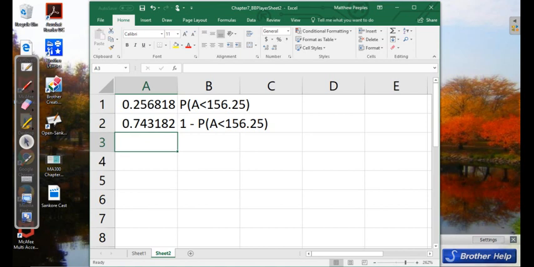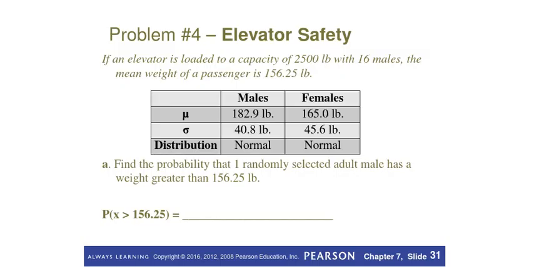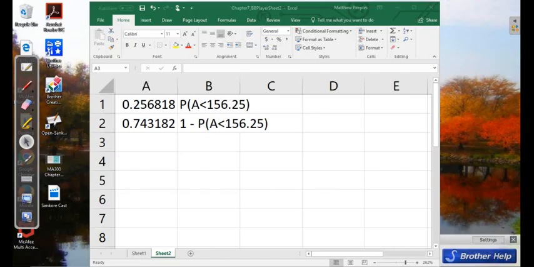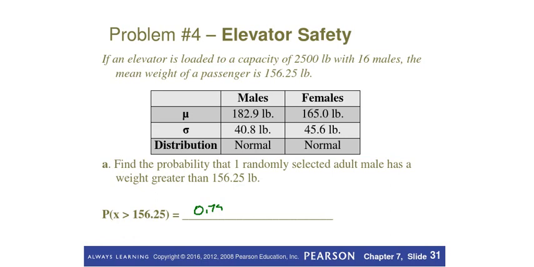And, oh, there it is. 0.7432. So our probability of just randomly choosing a single male adult with a weight greater than 156.25 is going to be 0.7432.